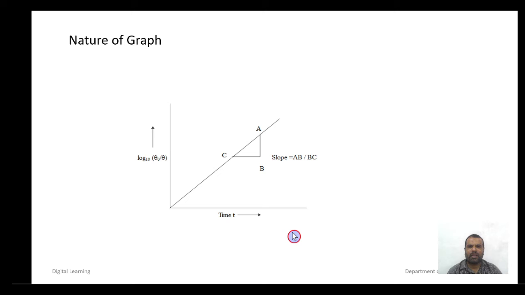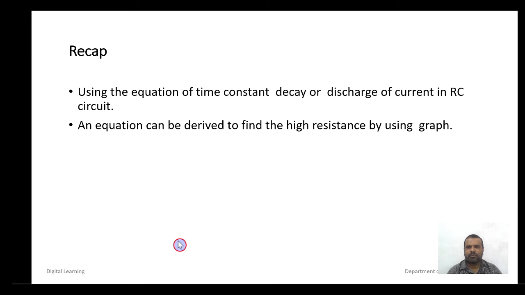Nature of the graph is like this. You have studied in this section that using the equation of time constant, decay or discharge of current in an RC circuit, an equation can be derived to find the high resistance by using a graph.